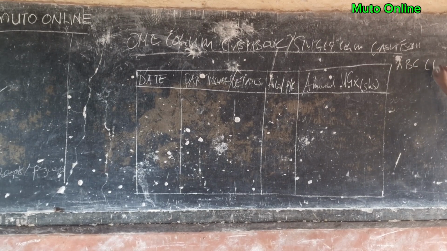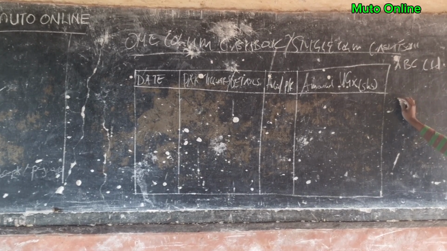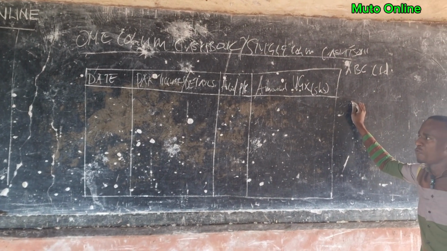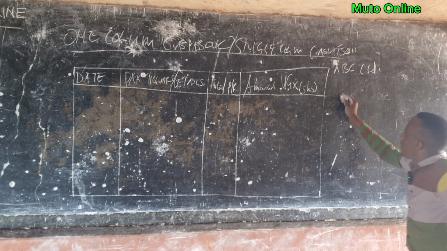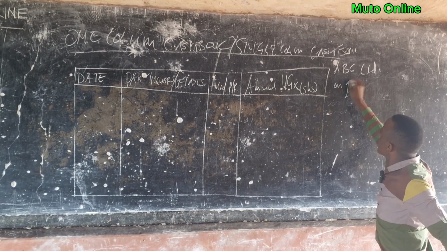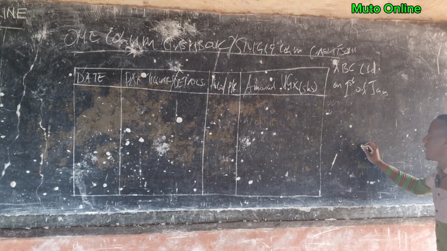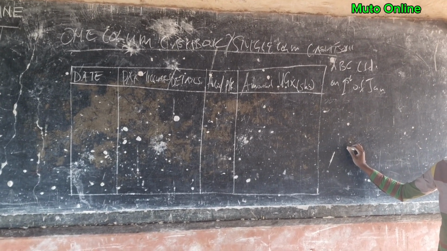ABC Limited made a purchase of 2 million on 1st of January. Remember, these transactions follow what we call a chronological order.